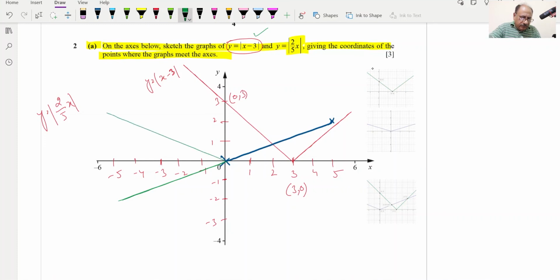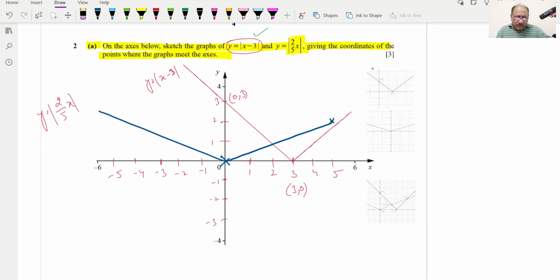Roughly I'm shifting to this one, or if I shift in the same color of the graph, it will be like this. Now this negative side is shifted to the positive side.